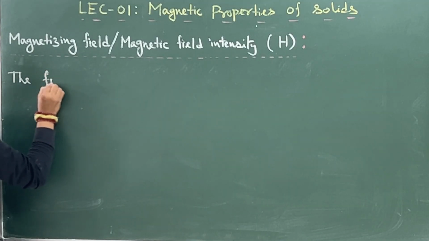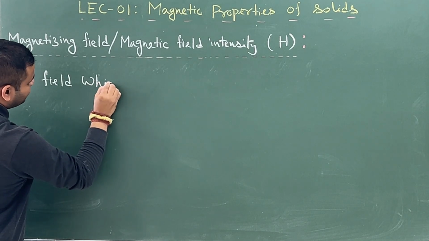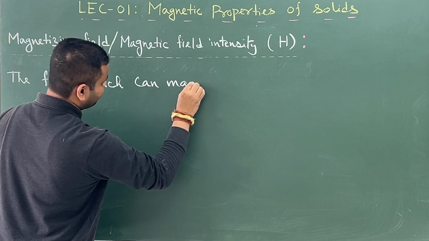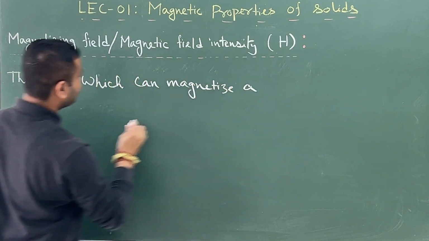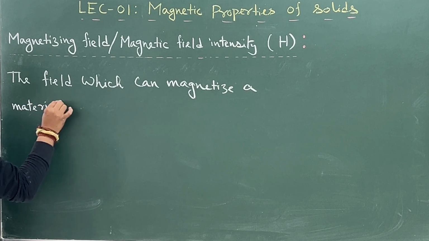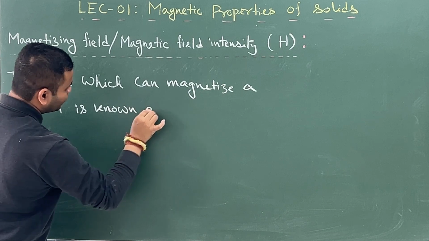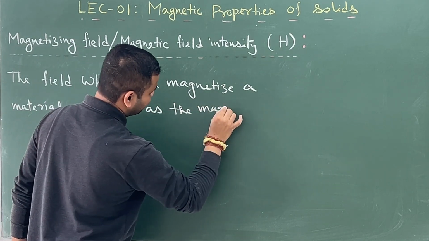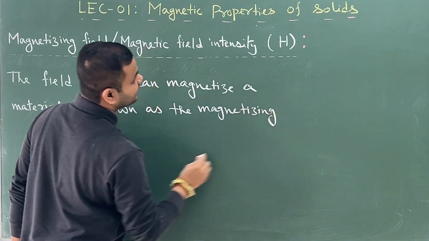The field which can magnetize a material is known as the magnetizing field.